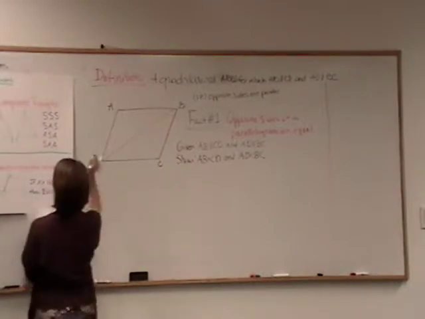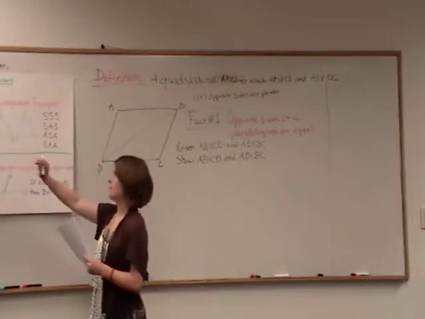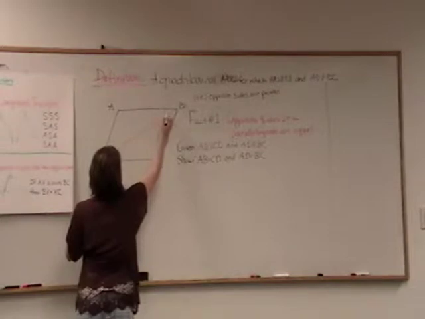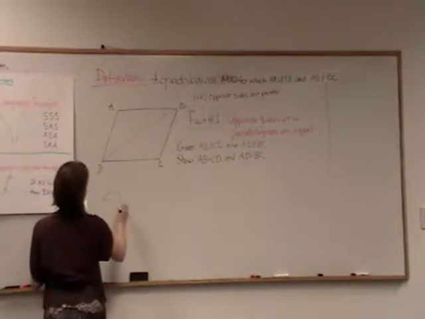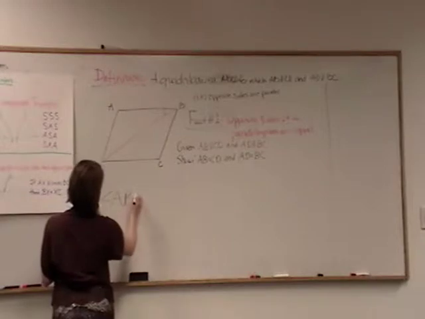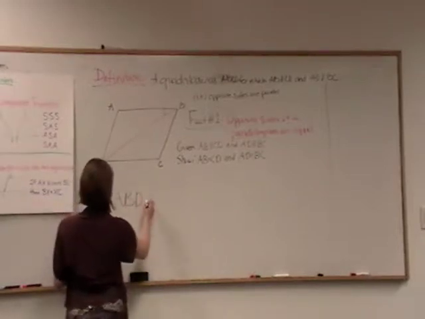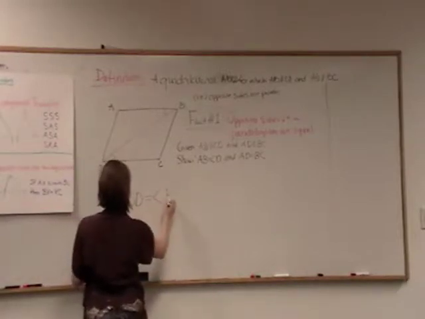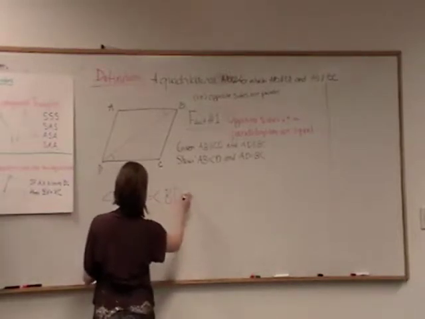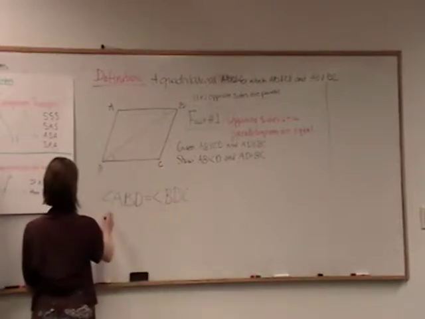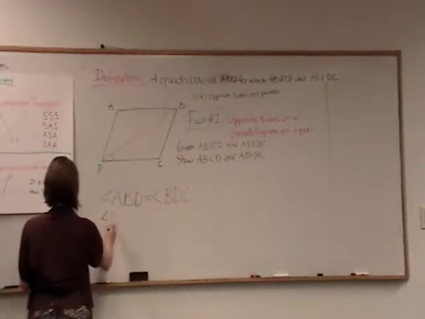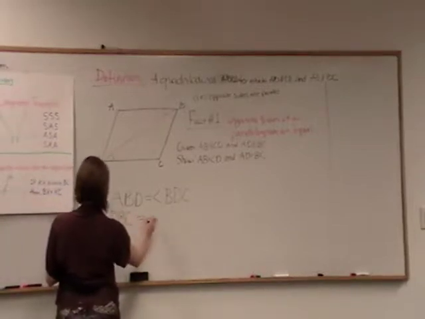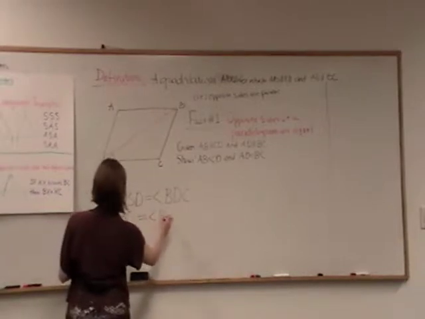Now, we know from the fact that I reminded you of earlier about alternate interior angles that angle ADB is going to be equal to angle BDC. And similarly, angle DBC will equal angle BDA.